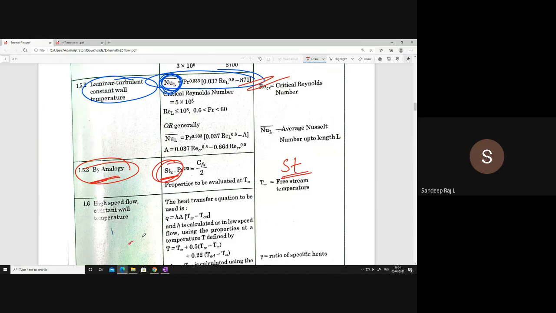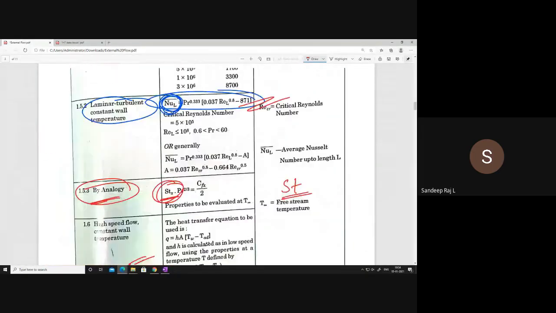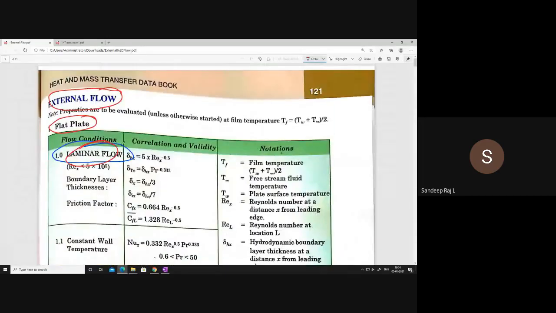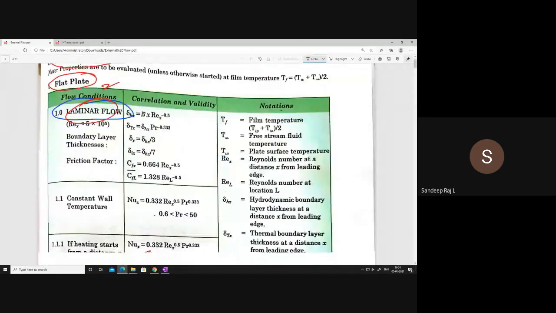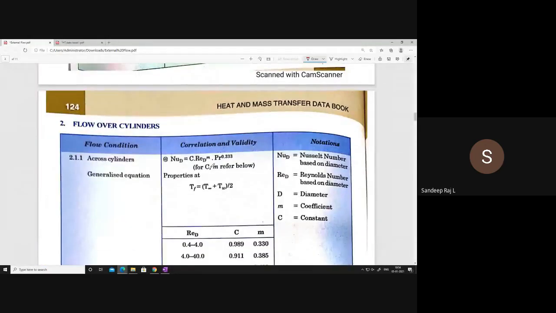That one and this high speed flow case also you do for yourself. So with that I complete external flow over a flat plate. In the next class, let's move to the external flow over a cylinder. Let's start in the next class. So that's all for today.